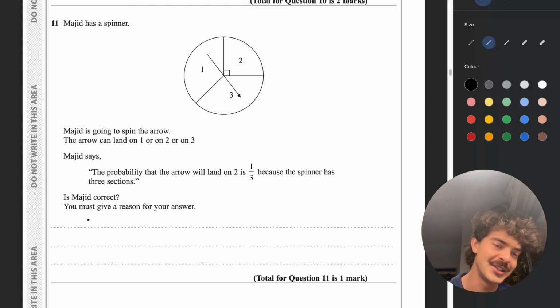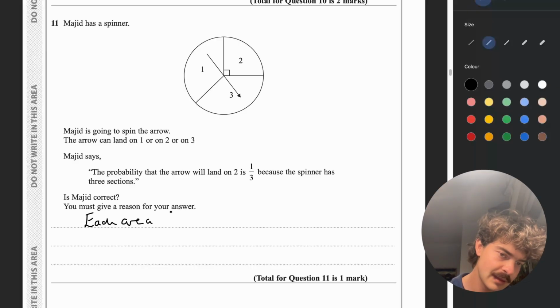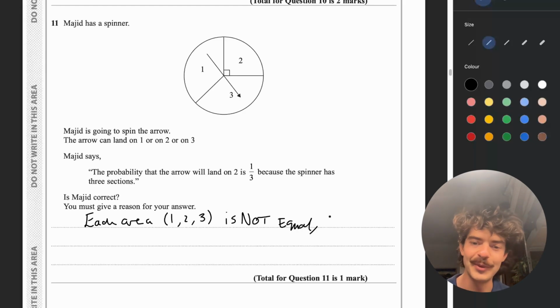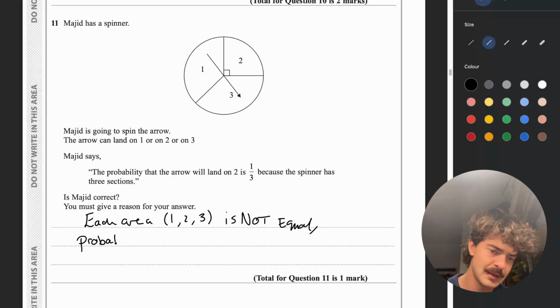Well, each area is not the same. 1, 2, 3 is not equal. So actually the probability of it landing on a 2 is going to be less because it's a smaller area. With these sorts of questions, you can never add too much information. Will be less.